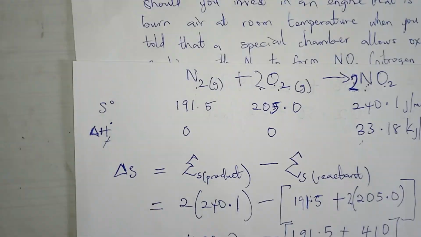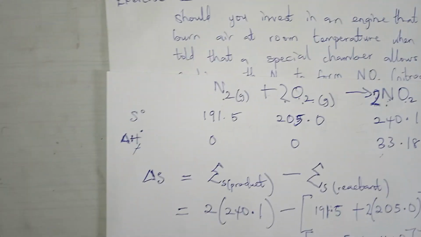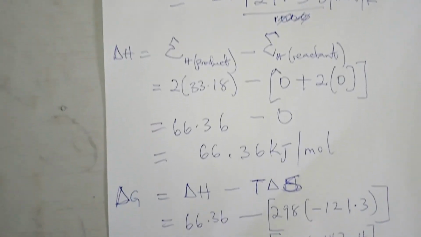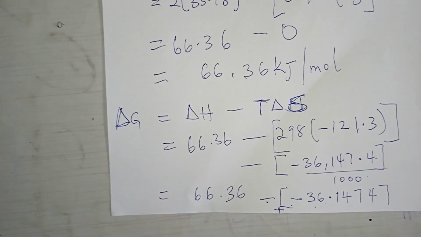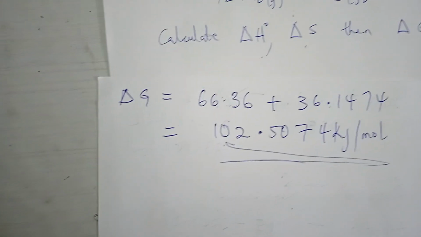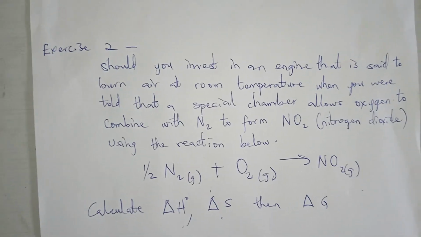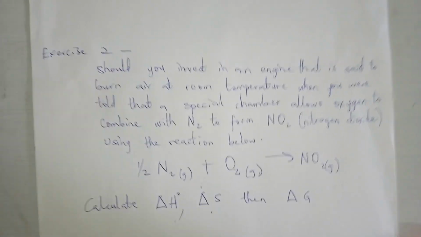So let's look at it. This is the question. From the question, the interpretation, everything I have. This is my solution. So this is the question, and the first one.